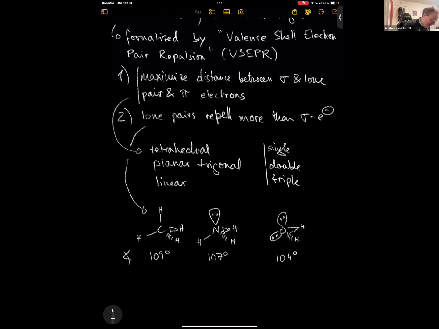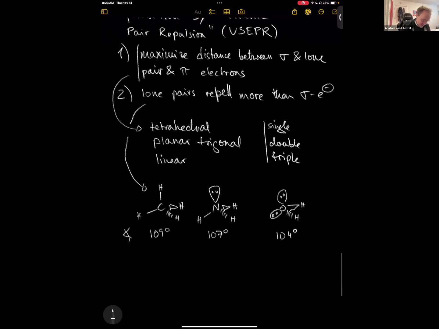So this is as you go horizontally in the periodic table. Furthermore, you could also go down vertically in the periodic table.